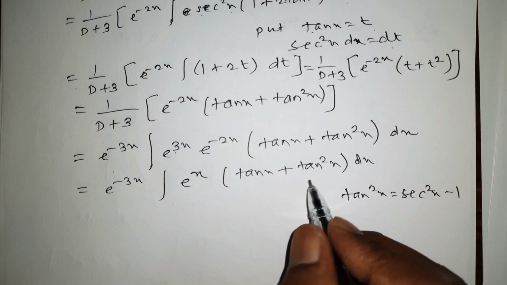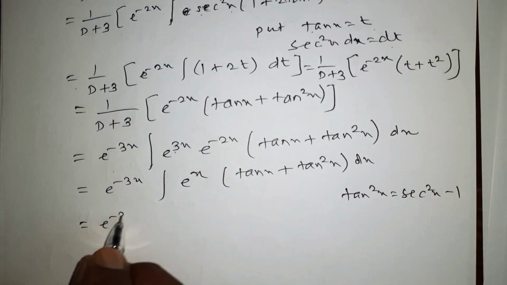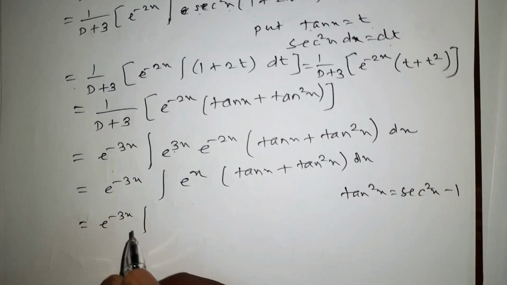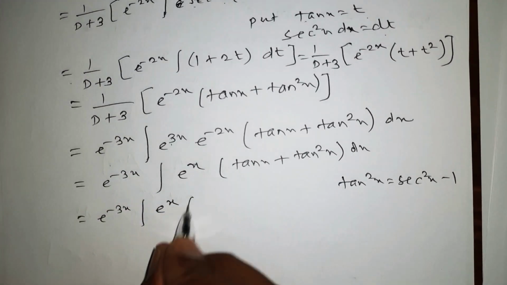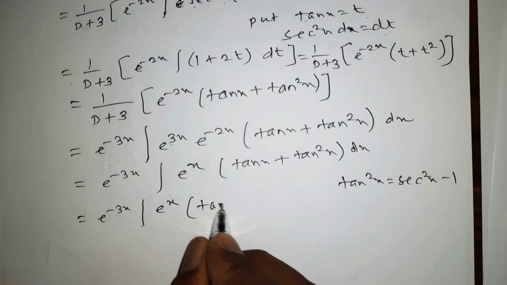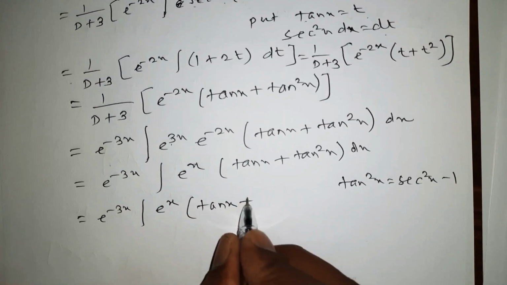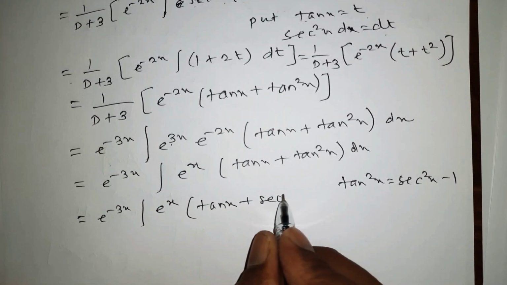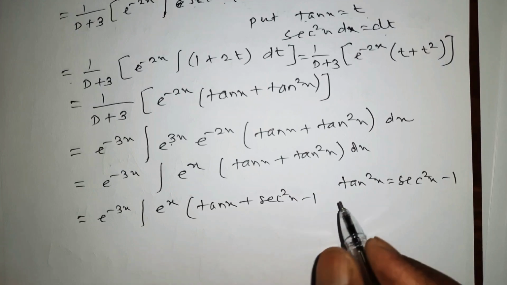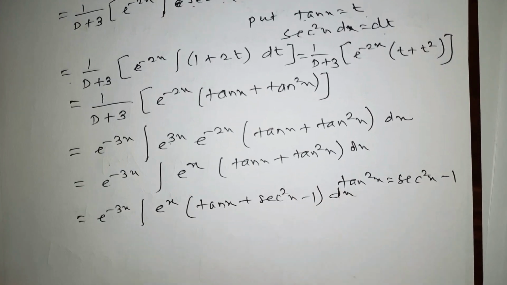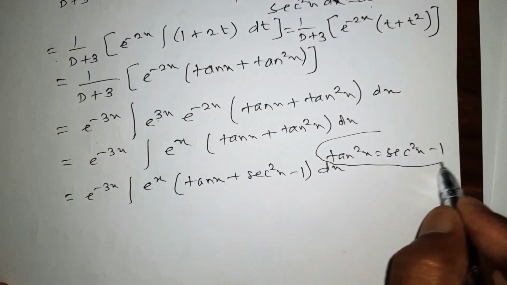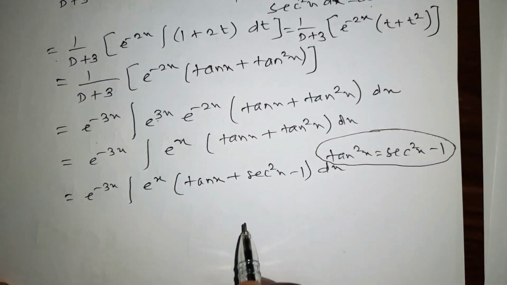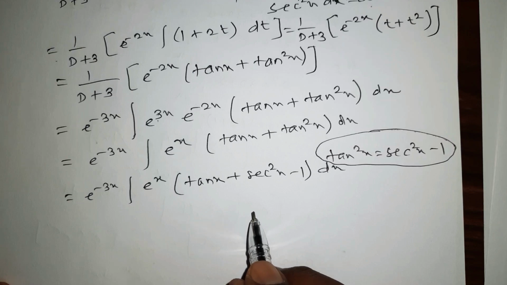Substitute the value here. So e raised to minus 3x integration of e raised to x in bracket tan x plus secant square x minus 1 dx.